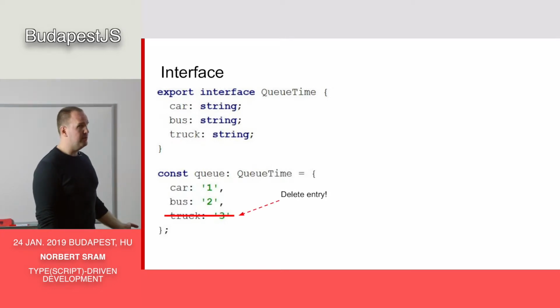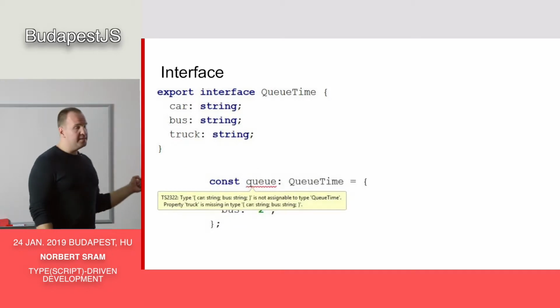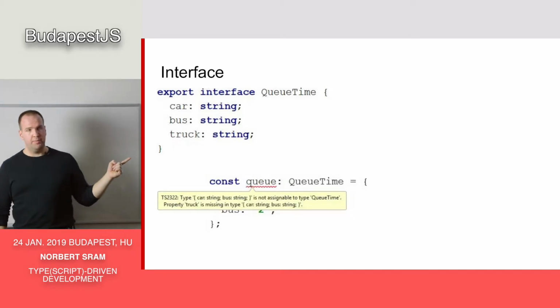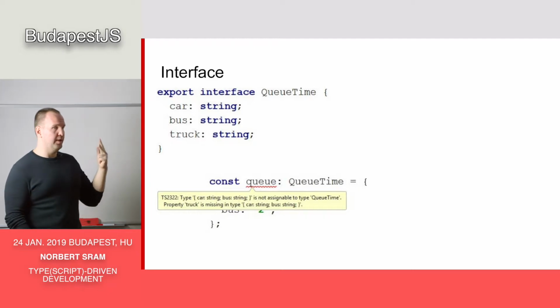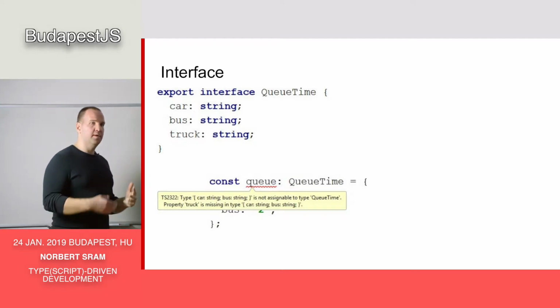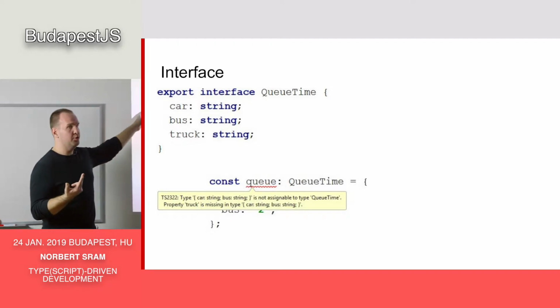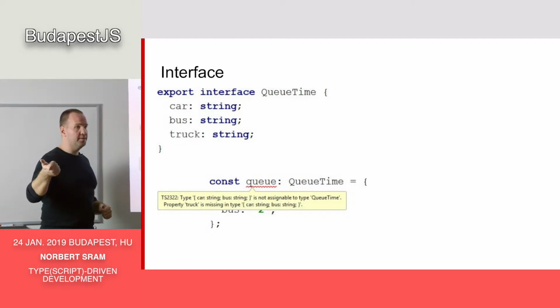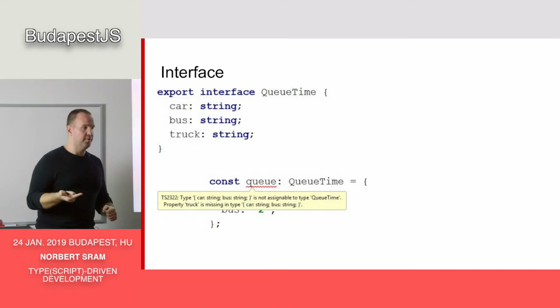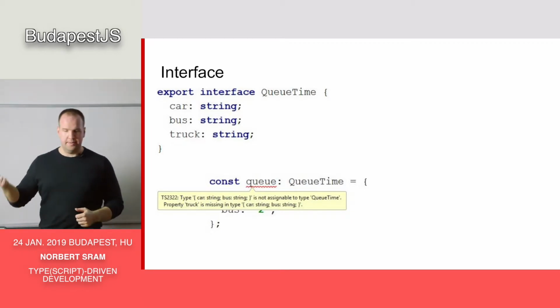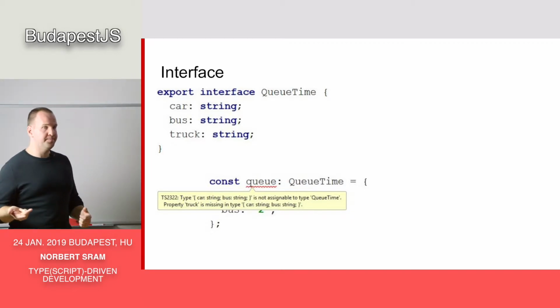Again, if I delete a value, it means that it's no longer a queue time, because a queue time has all three entries. Why? Because there are three kinds of traffic stops on each border. There's a different queue for cars, a different queue for commercial trucks, and a different queue for buses.